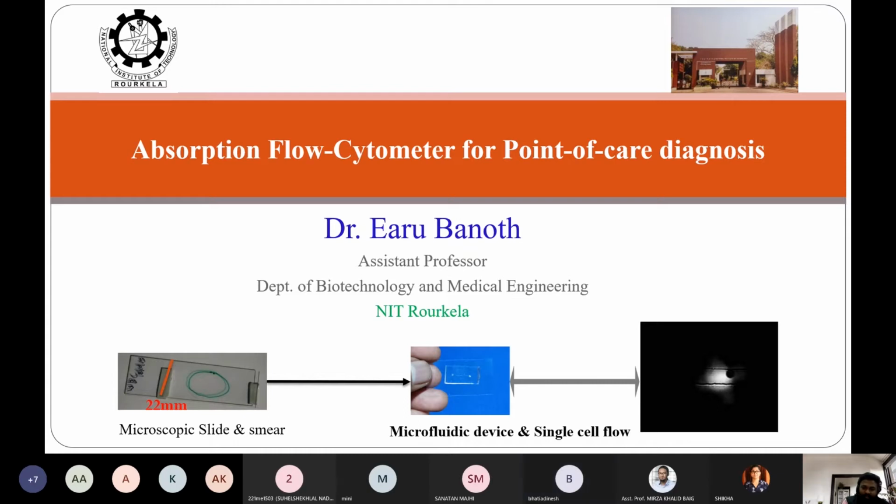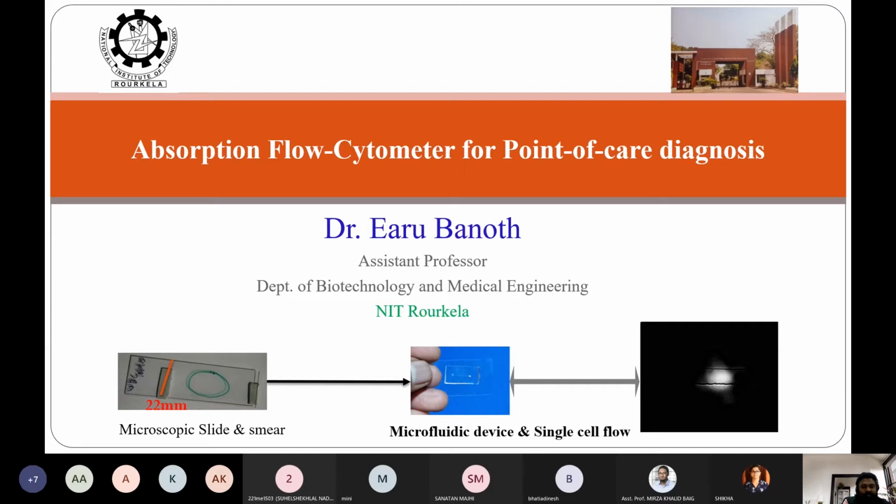But then point of care diagnosis and point of care device development approaches came: why should the patient have to reach the diagnostic center? Can we take this instrument to those who actually need it, instead of having to go to the centralized facility where the diagnostic center is?